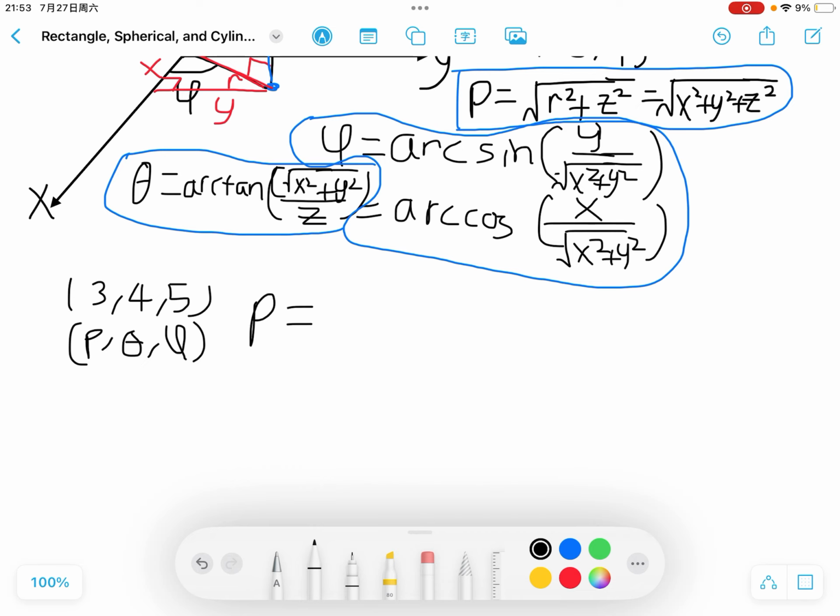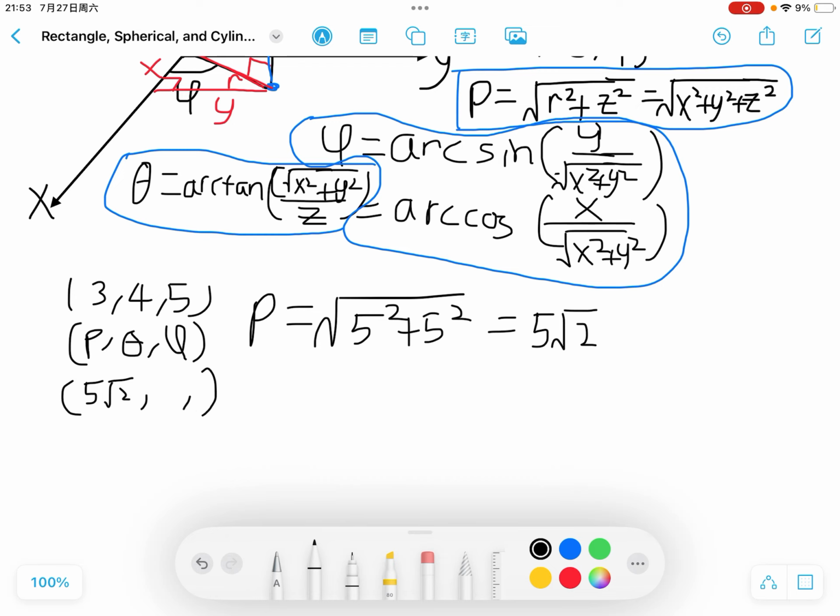We have rho is equal to root x squared plus y squared plus z squared, which is root 3 squared plus 4 squared plus 5 squared. That's root 50. So rho is 5 root 2, okay? So you can just write that first.